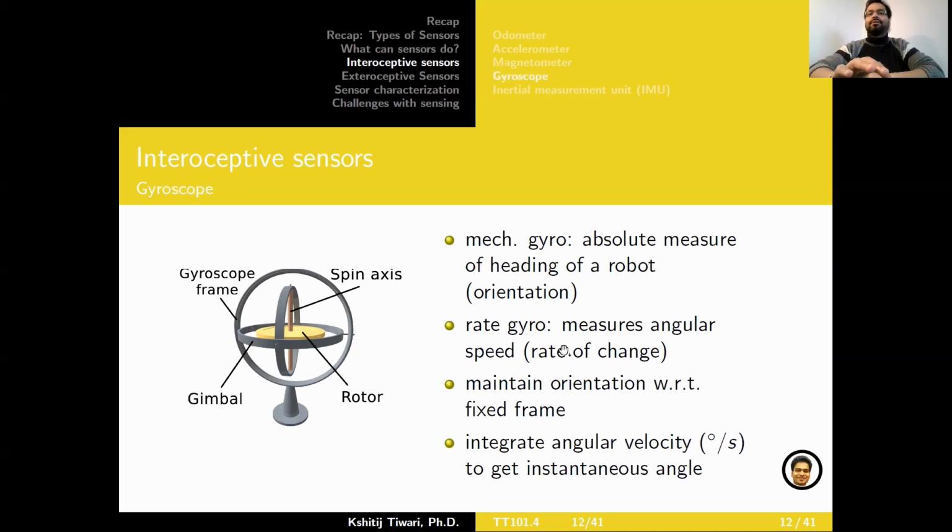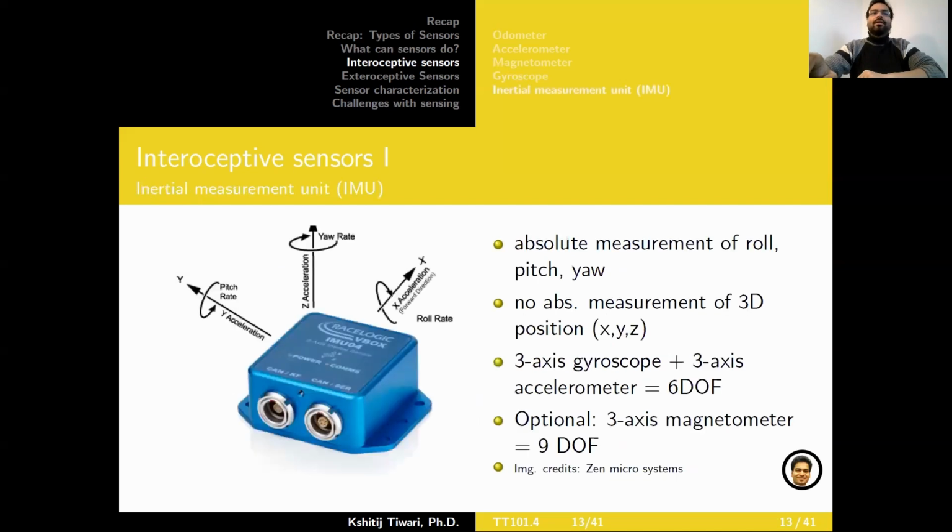It just gives you the rate of change and not the exact orientation, and it maintains an orientation with respect to a fixed frame. Remember that we talked about frames of reference in the preliminaries. So there would be a fixed frame, and with respect to that, you maintain orientation. If you integrate the velocity in terms of degrees per second, you get an instantaneous angle. So you can go from rate to an angle. That's the purpose of having a gyroscope, to understand the orientation.